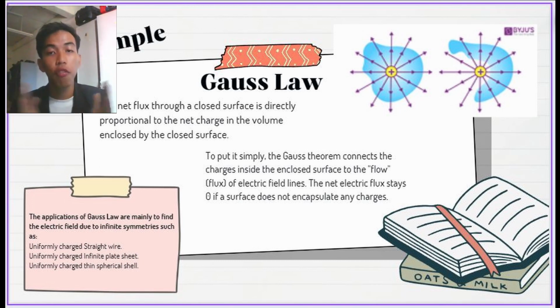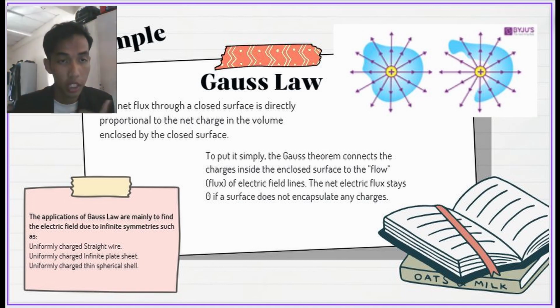The net electric flux stays zero if a surface doesn't encapsulate any charge. The applications of Gauss's law are mainly to find the electric field due to infinite symmetries, such as the first one, a uniformly charged straight wire; the second, a uniformly charged infinite plane sheet; and the third, a uniformly charged thin spherical shell.